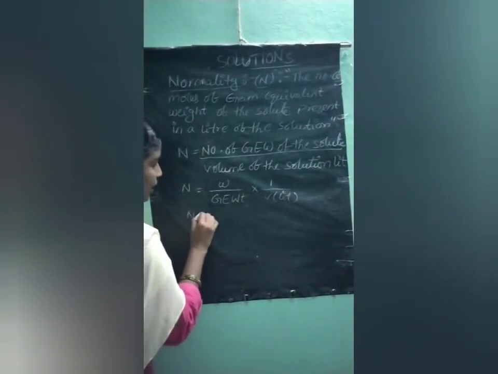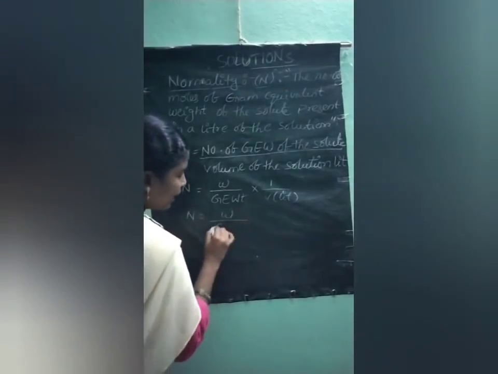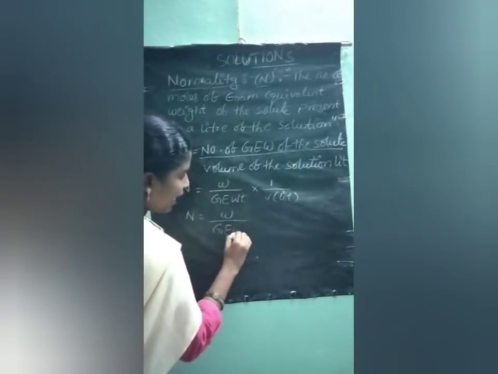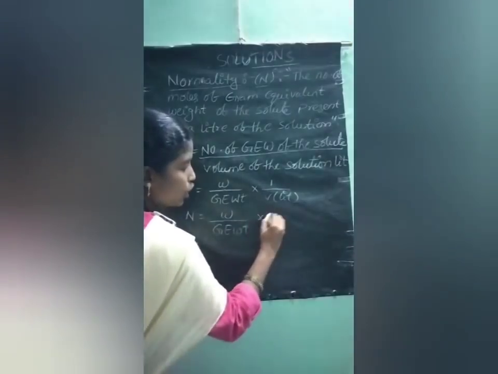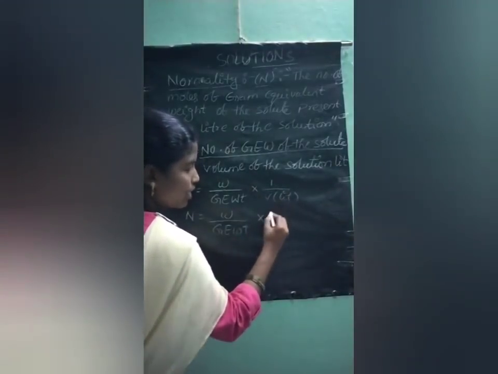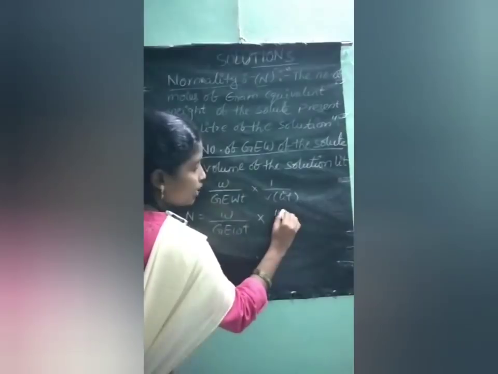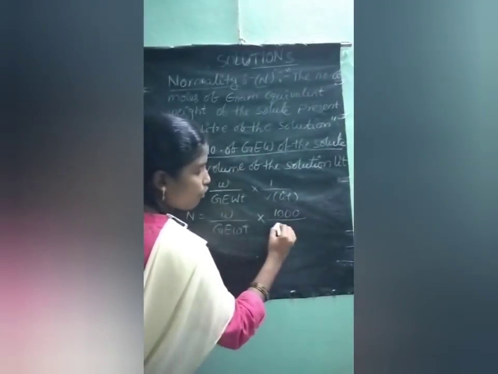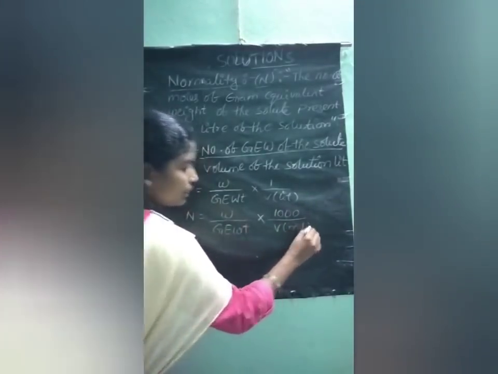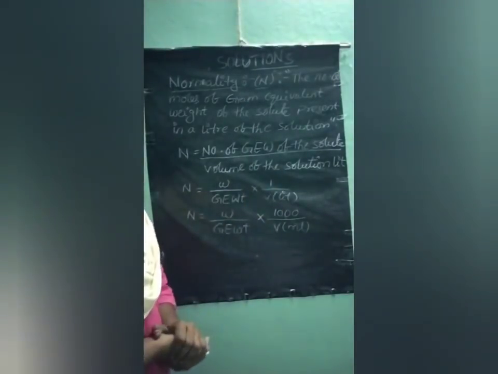So normality is equal to weight by gram equivalent weight into 1000 by volume in ml. This is another formula for normality. These are the formulas for normality.